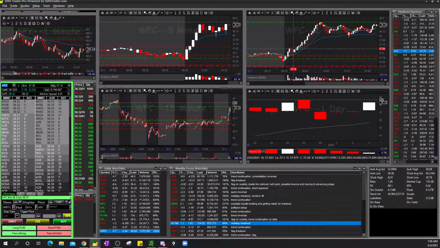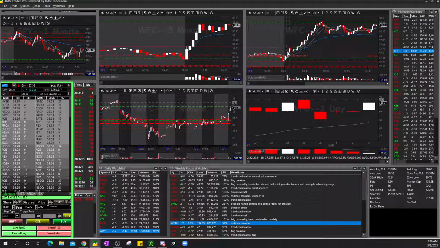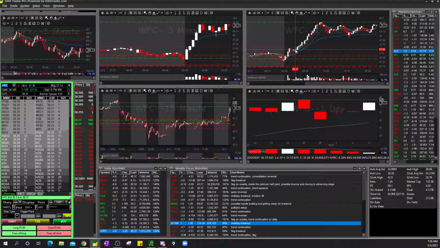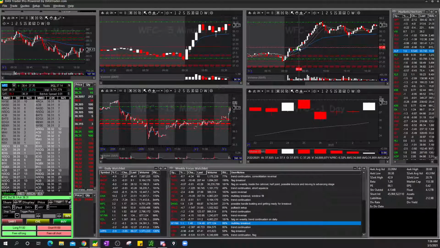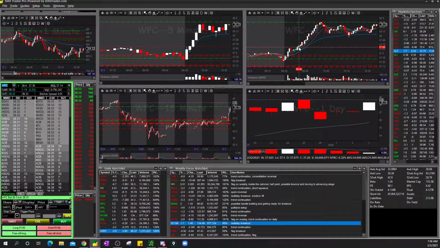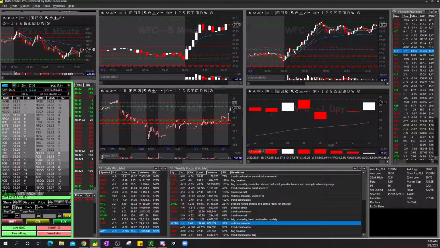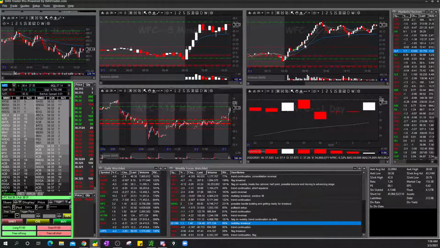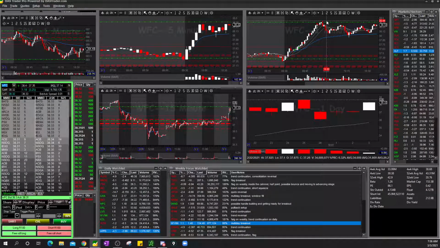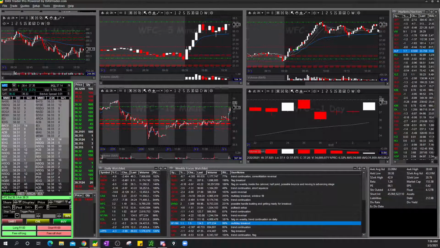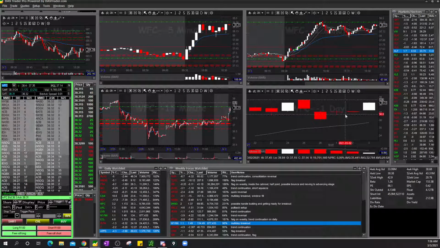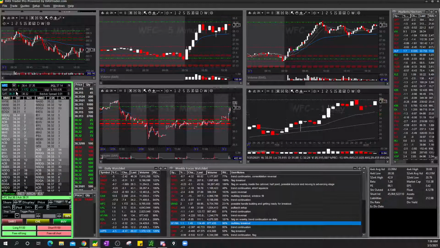As you can see, 37.40 we broke, flagging, first initial stop, entry, and then I actually tripled my position right here. So the risk was $300 instead of 100, then $200, $300 risk. As you can see, it ended up working well, and it's still a strong stock for continuation.